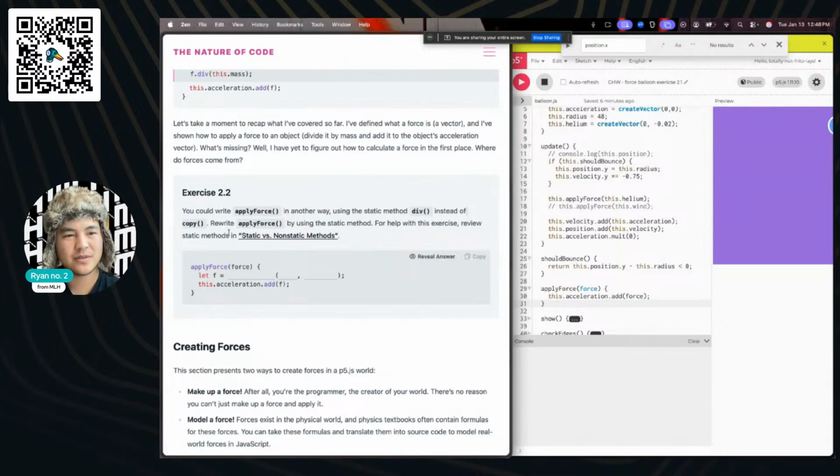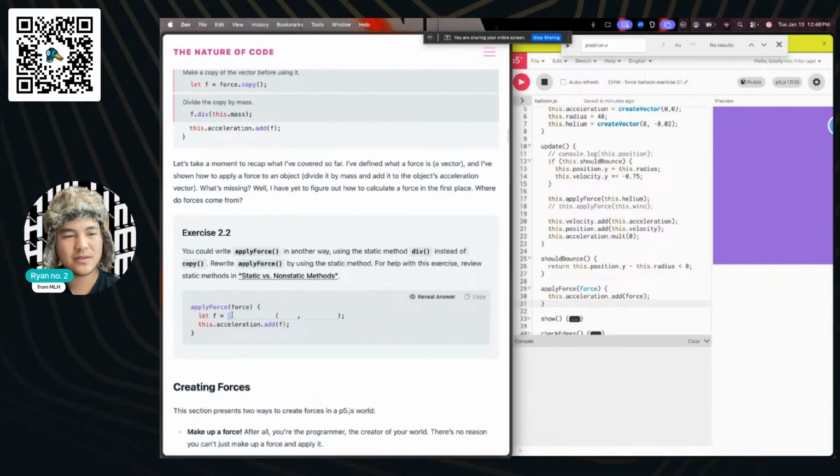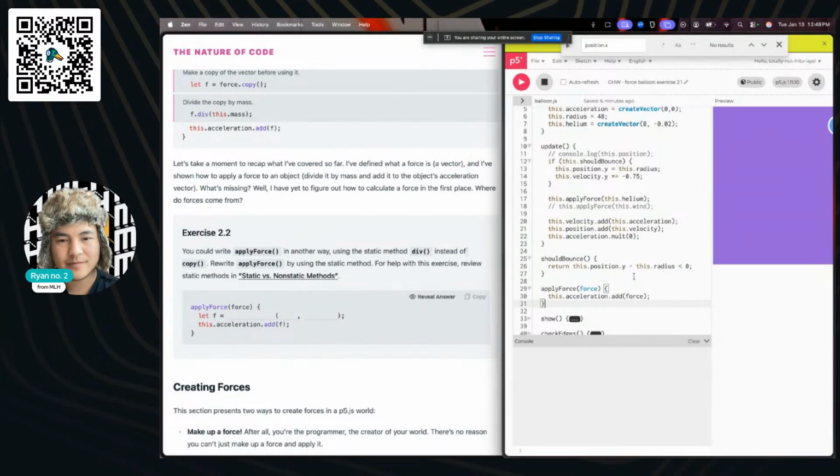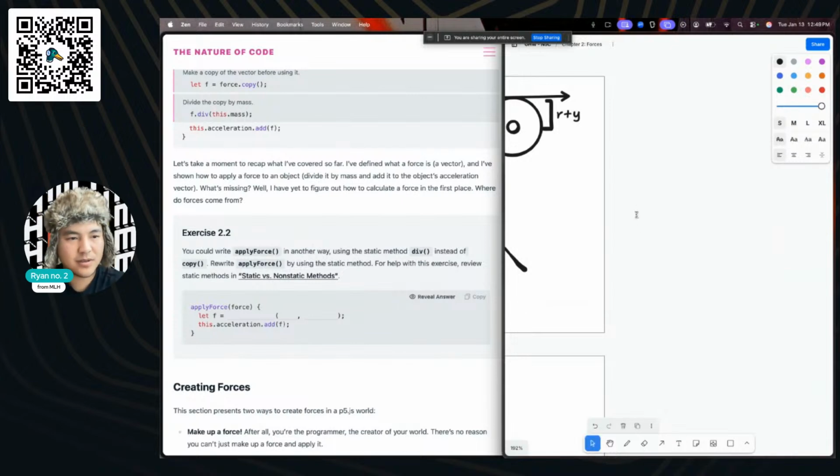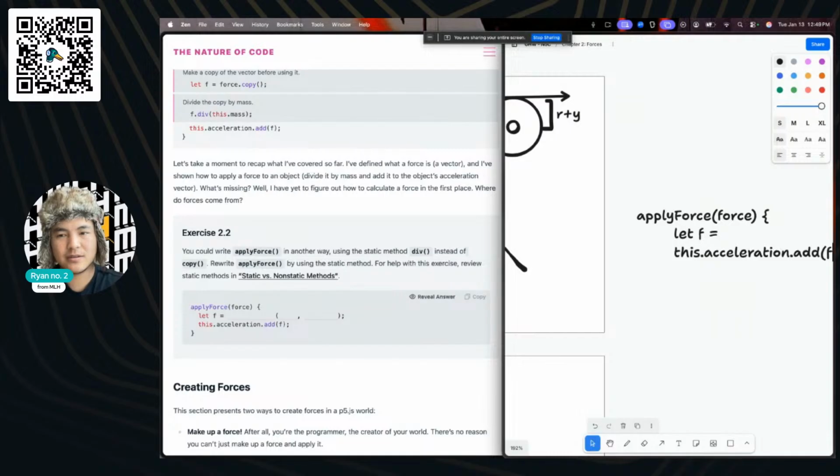Rewrite apply force using the static method. So then, using the static method divide instead of copy. Let me open up a whiteboard for this. Apply force. Let f is equal to something. this.acceleration.add(f).